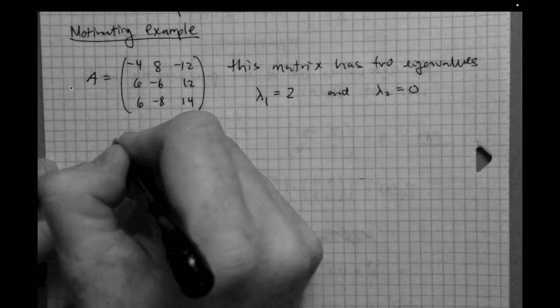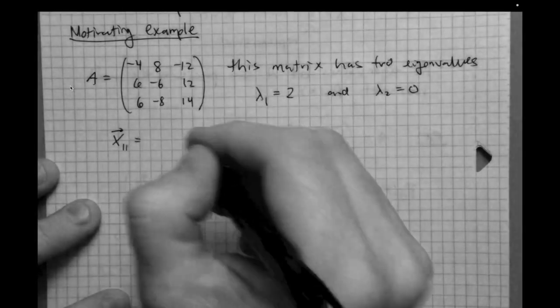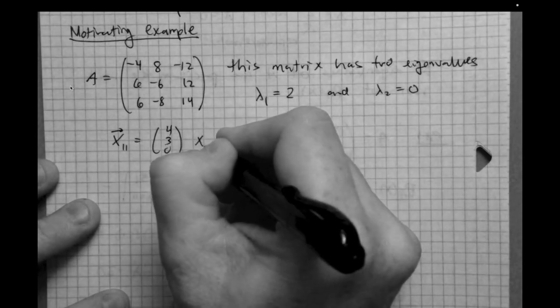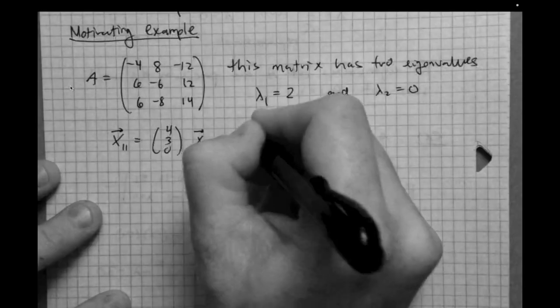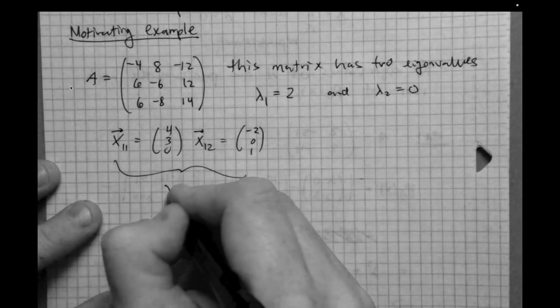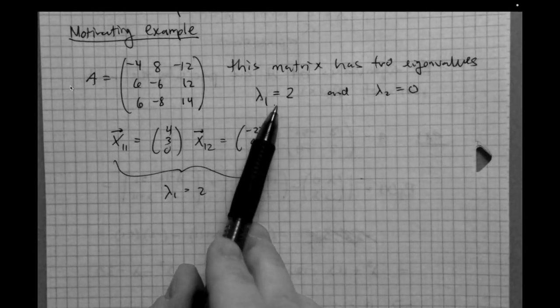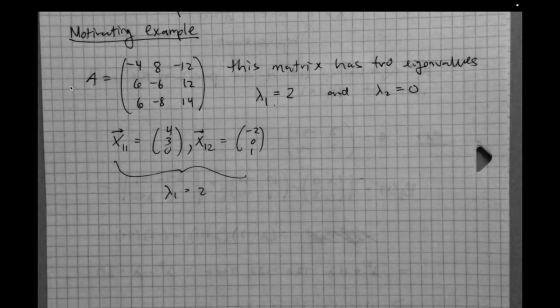So let's say we had x11, that one was 4, 3, 0, and x12, which was -2, 0, 1. Now these both correspond to λ1 equals 2. So this particular eigenvalue has two distinct eigenvector families.